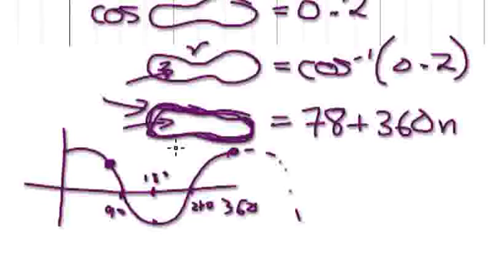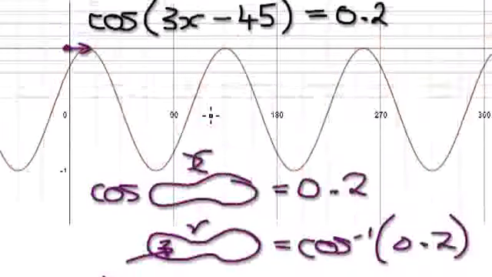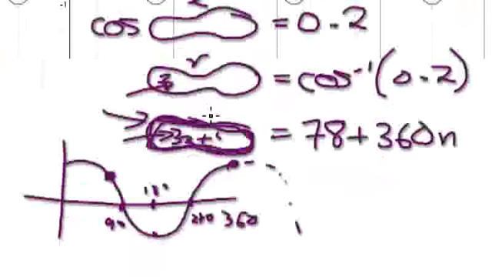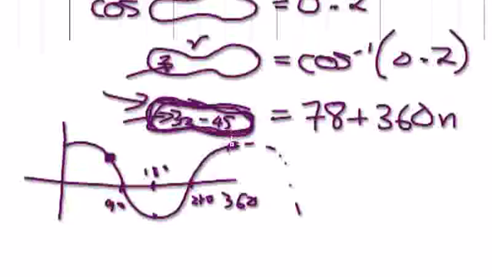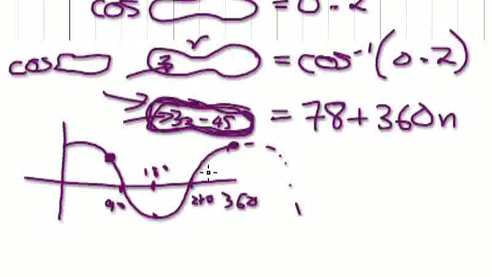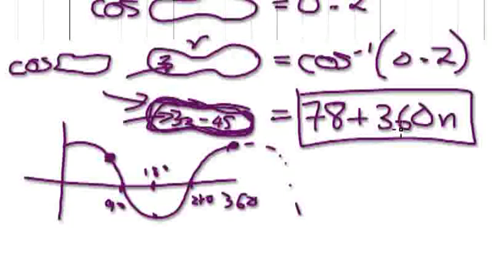That 3x minus 45 in there hasn't taken effect yet. We are just concentrating on our normal standard cos of the bubble. So this is one set of solutions.